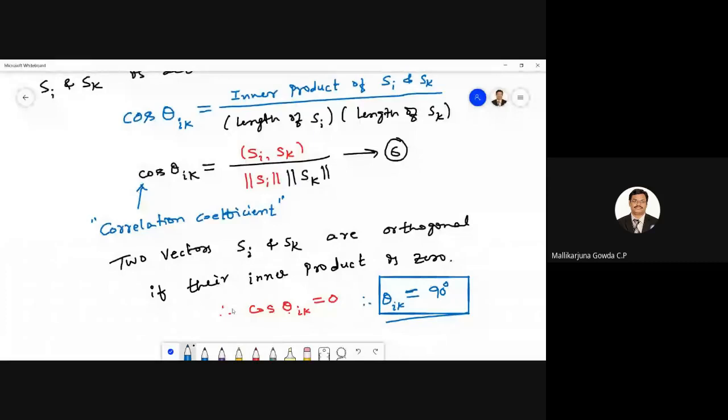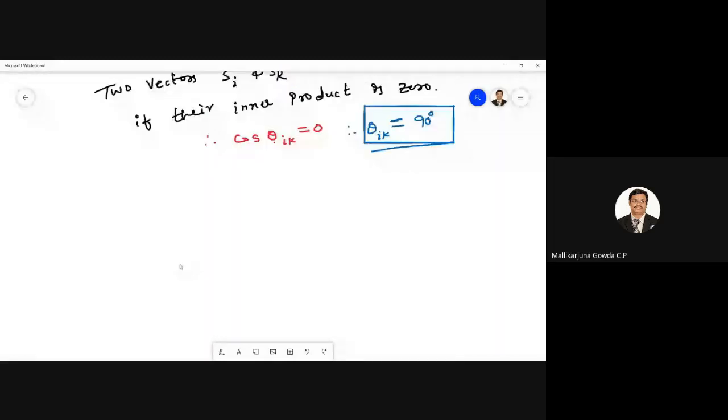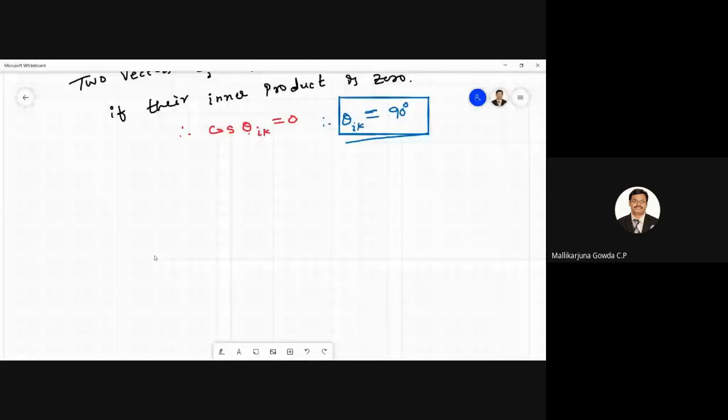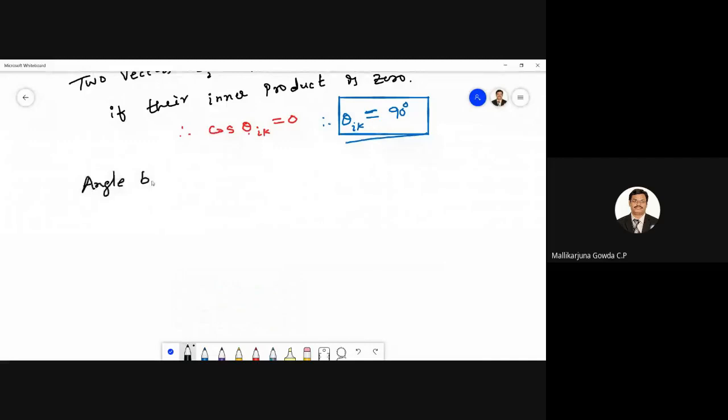Here I wanted to correlate the angle between the vectors with the energy correlation between the signals. So let me write that point: the angle between vectors is equal to the energy correlation between signals.